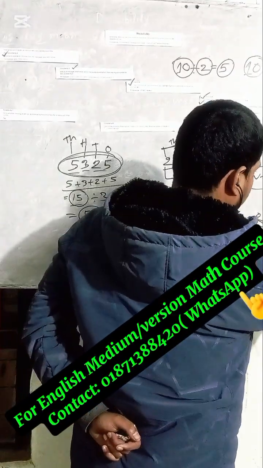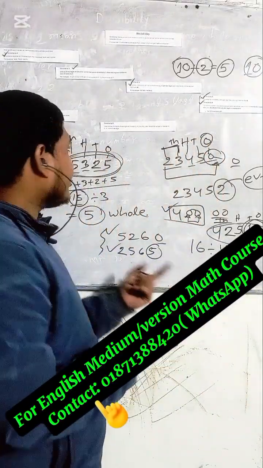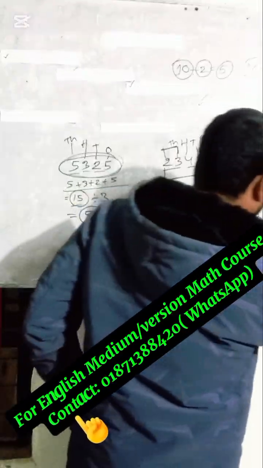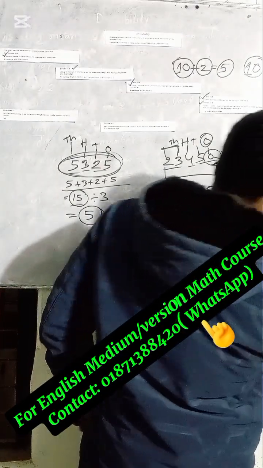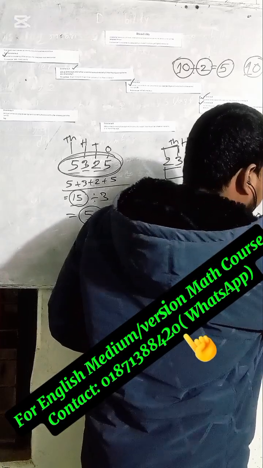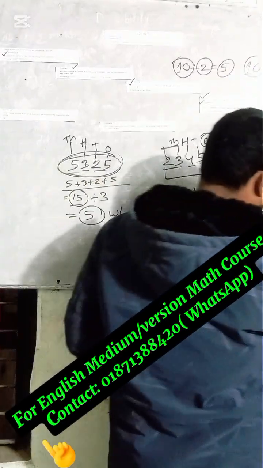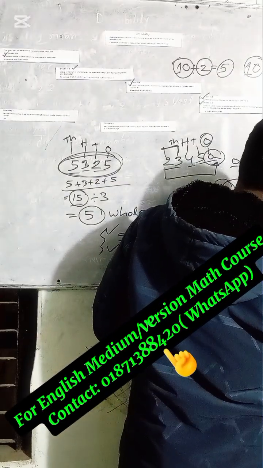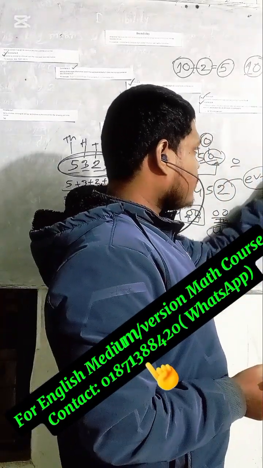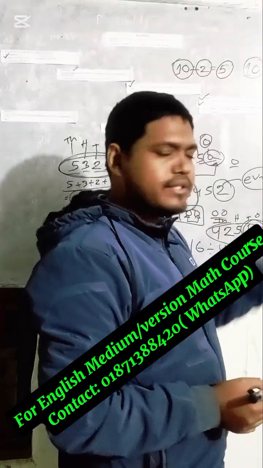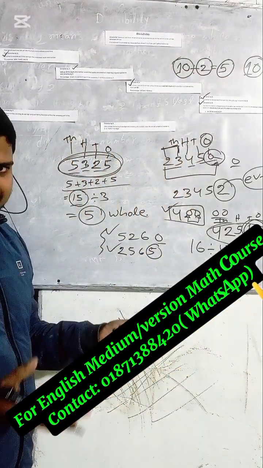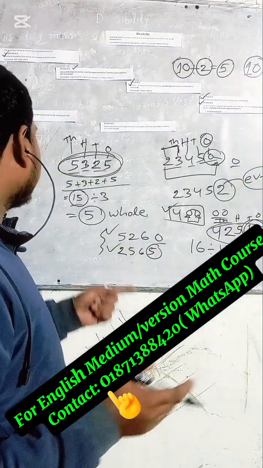We add all the digits together: 1 plus 2 plus 6. What will the answer be? 6 and 2 is 8, 8 and 1 is 9. Is 9 divisible by 3? Definitely. That's why 126 is also divisible by 6. Okay? Clear?